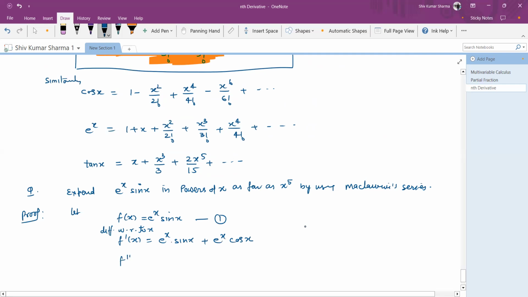Now again differentiate, f double dash x. So again we use the product rule: e raised to the power x into sin x plus e raised to the power x into cos x, plus for the second term, e raised to the power x into cos x plus e raised to the power x into minus sin x.